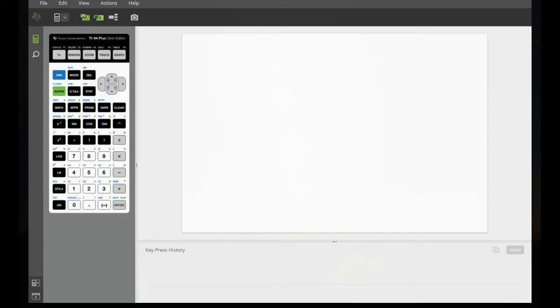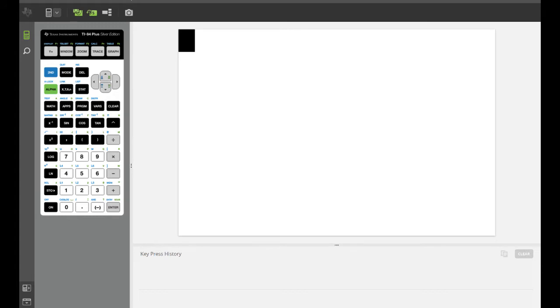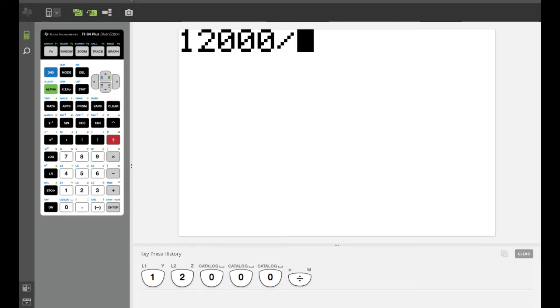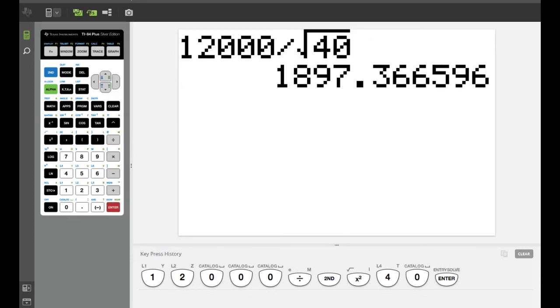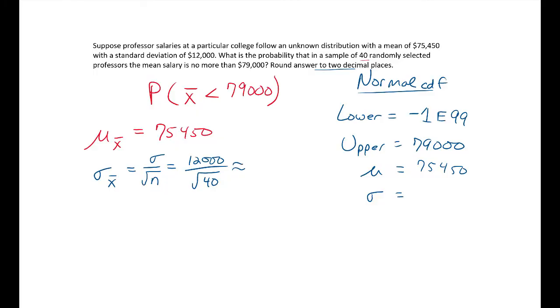We take 12,000 divided by the square root of 40, which gives 1897.367. This is what we're going to feed into the calculator for the standard deviation. We're not going to give it the 12,000. We have to give it the standard error since we're working with a sampling distribution.